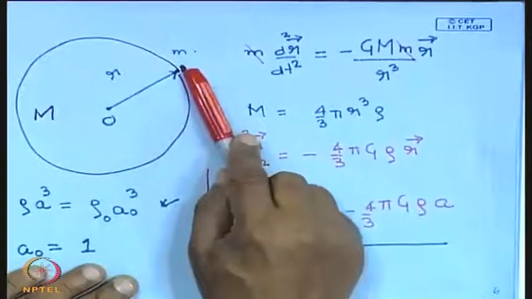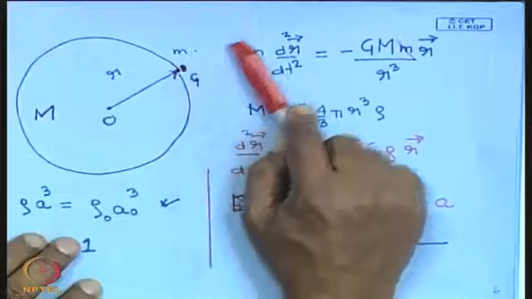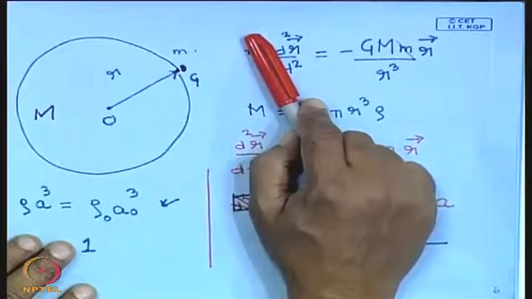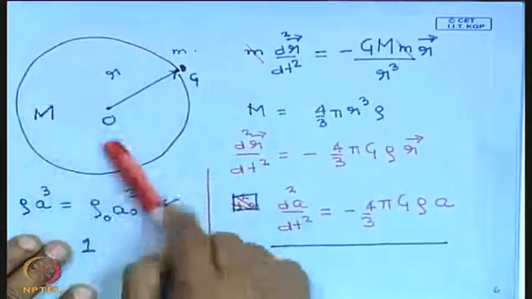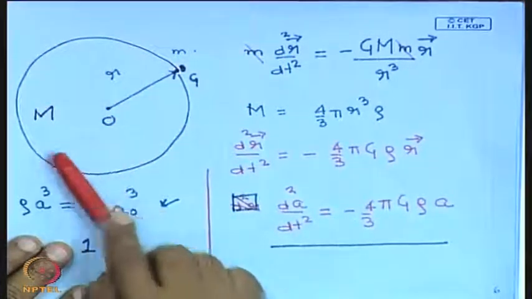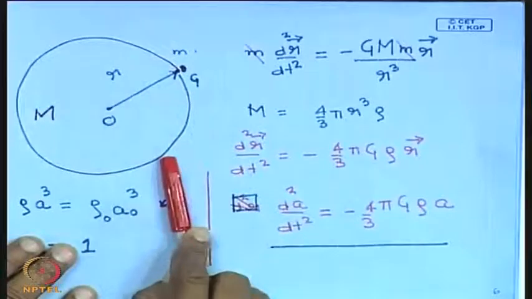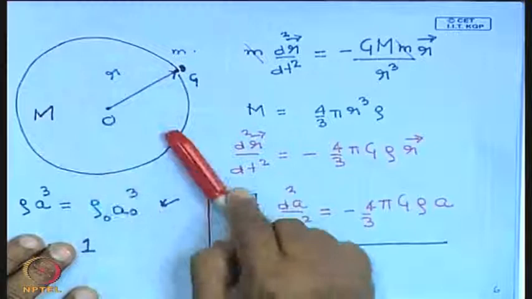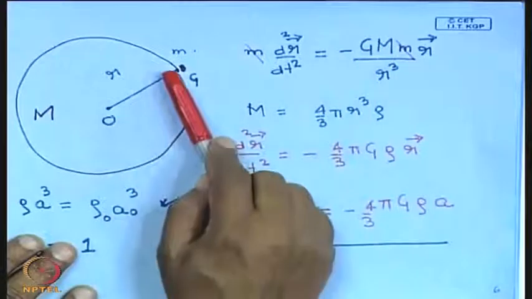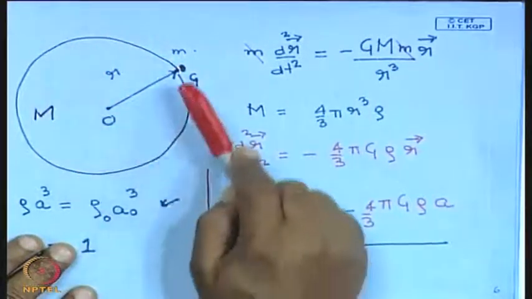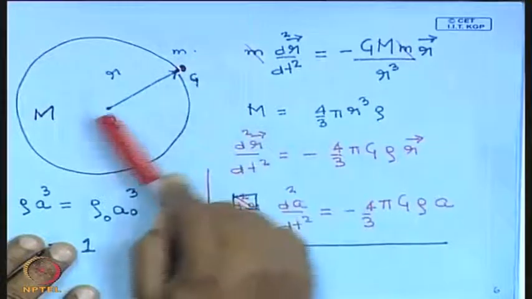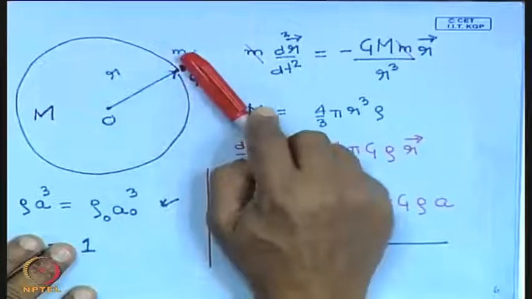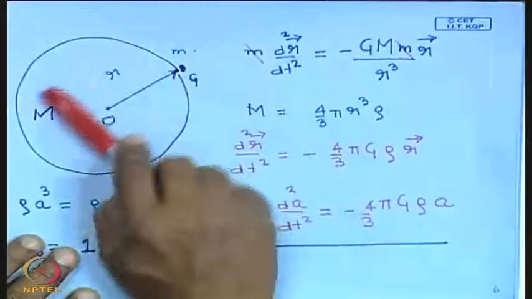Now, for a projectile ejected radially outward from the surface of the earth, the mass that is inside the earth, which contributes to the gravitational acceleration, remains fixed. Similarly, for this galaxy, the mass that contributes to the gravitational acceleration remains fixed, because the matter inside is never going to overtake this galaxy. According to Hubble's law, the matter inside this sphere is moving slower than the galaxy, because it is at a smaller distance.